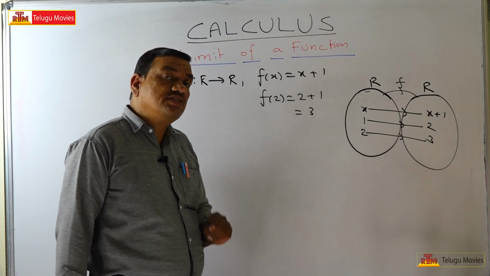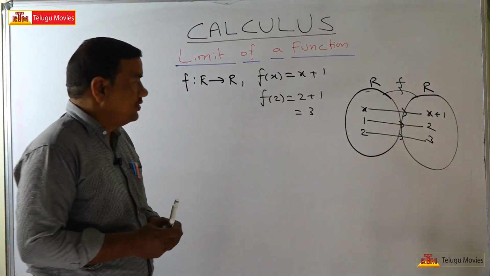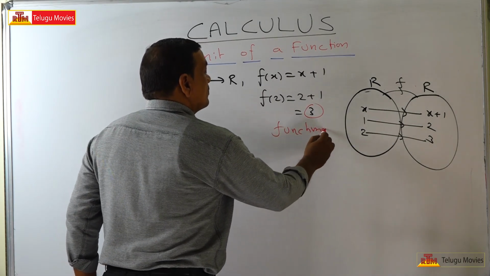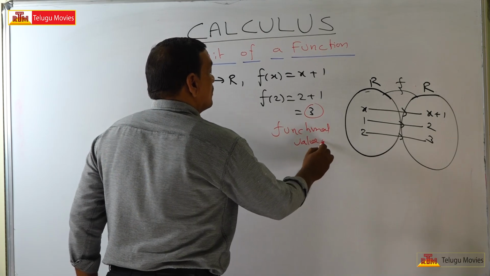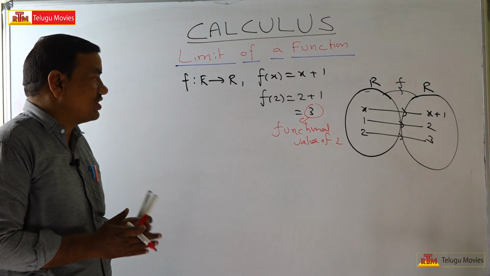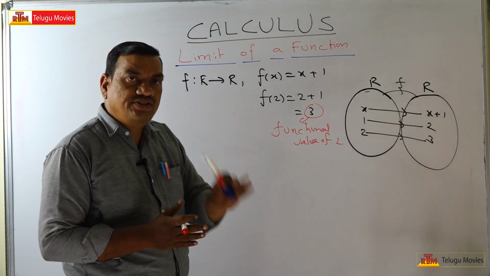So this 3 is called the functional value of 2. At exactly 2, its image is 3.